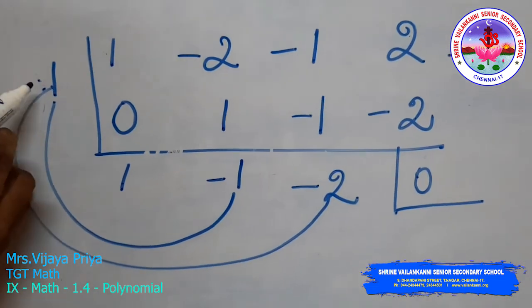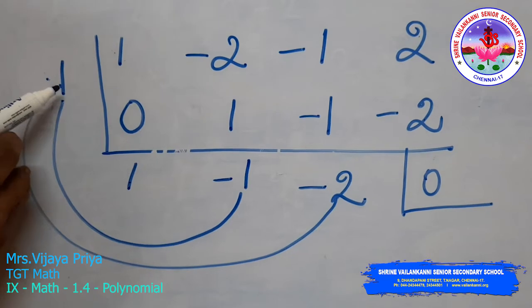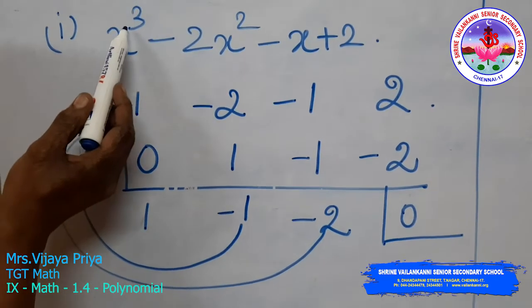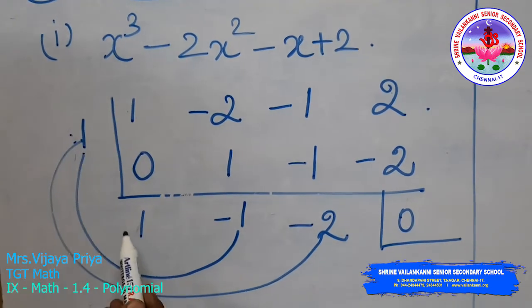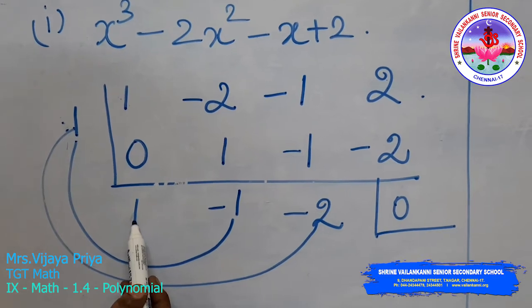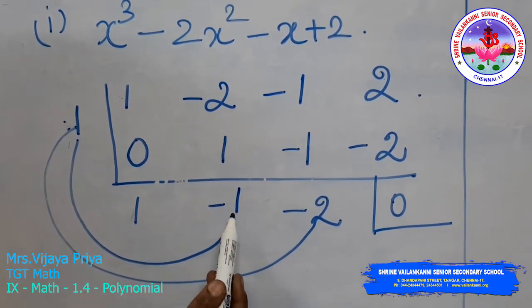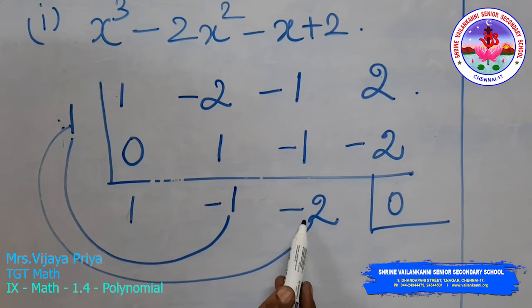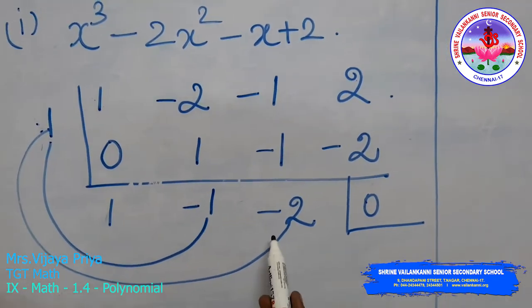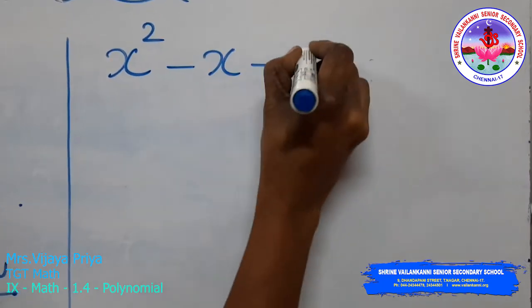So I got this 1 as one of my factors for this polynomial. I reduced this cubic polynomial to a quadratic polynomial where 1 is the coefficient of x squared, minus 1 is the coefficient of x, and minus 2 is the constant number. So I am going to write this quadratic, x squared minus x minus 2.